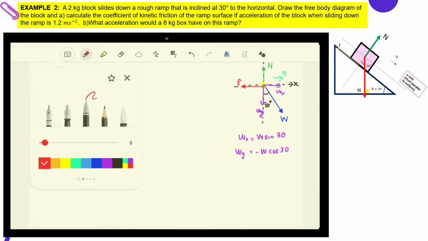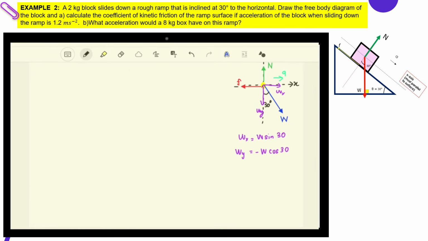As usual, let's write the total force in X component and the total force in Y component. As the object is moving in X direction with an acceleration of 1.2 meter per second squared, that means the X component should be equal to ma, but the Y component is equal to 0, because the object is not moving in the Y direction.